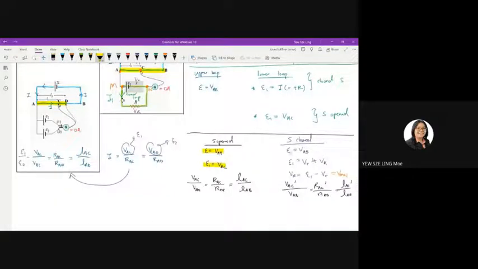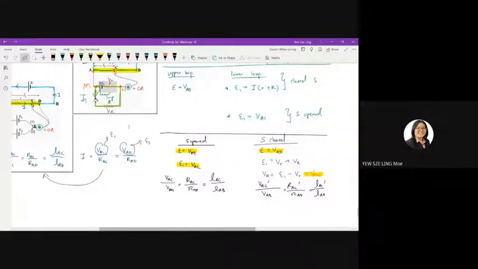When S is closed, VAB is equal to EMF, but now your VAC is no longer equal to EMF1, it is equal to your VMN. Your VMN at the same time is also equal to VAC prime. So from here, you just see what is the information given, and from there you try to solve the question.